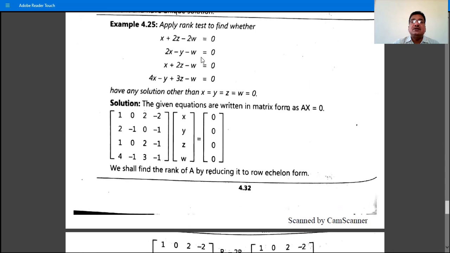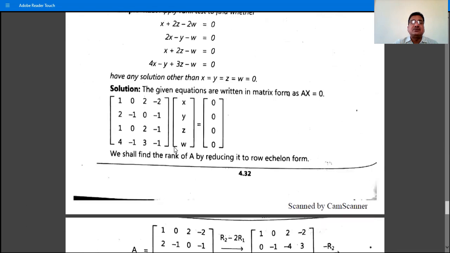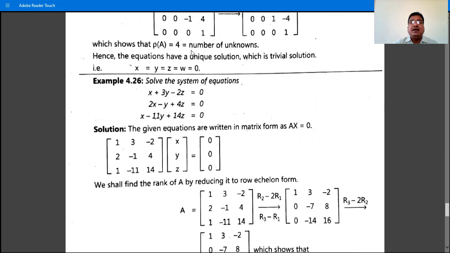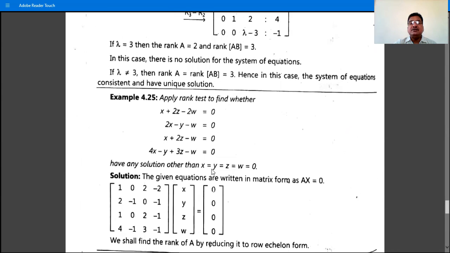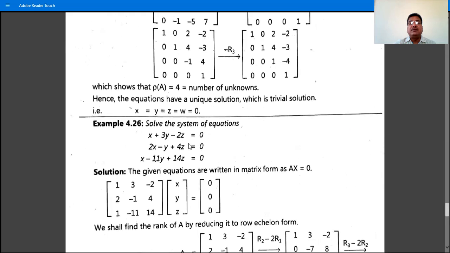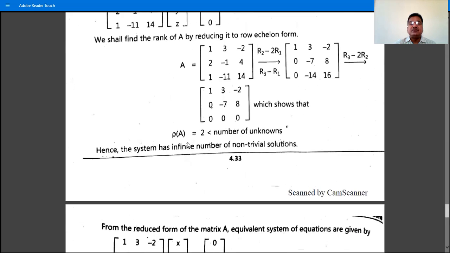This system has no other solution than this trivial solution, because rank of A is equal to rank of AB is equal to the number of unknowns, and therefore the system has only one, unique solution. And since this is a homogeneous system, a unique solution means it is the trivial solution. All the values of all the variables are equal to 0.